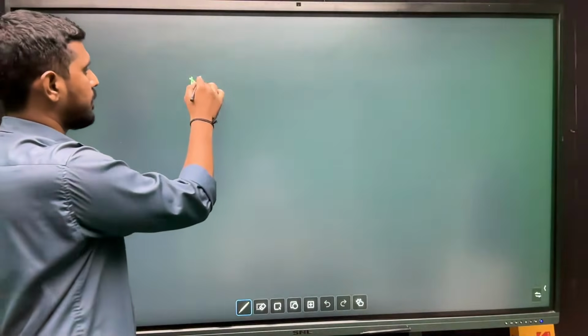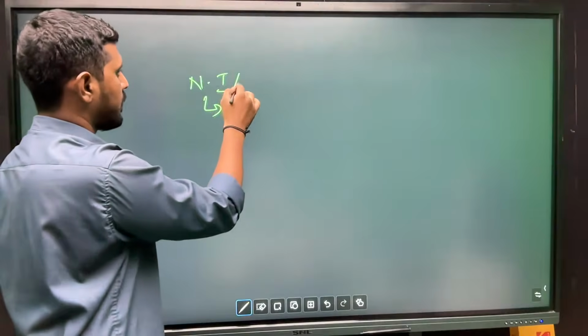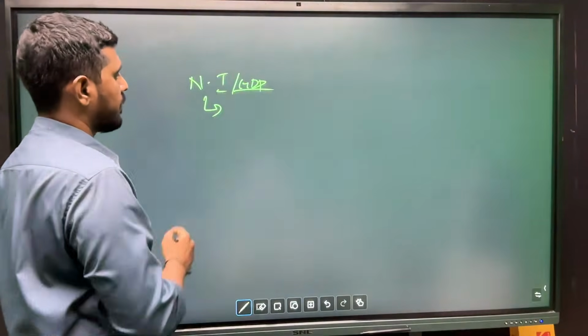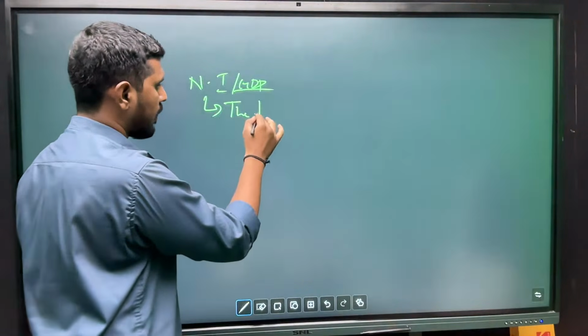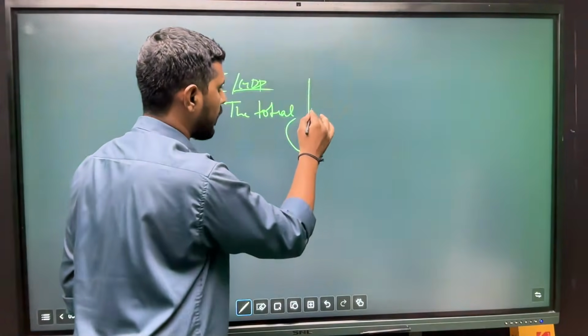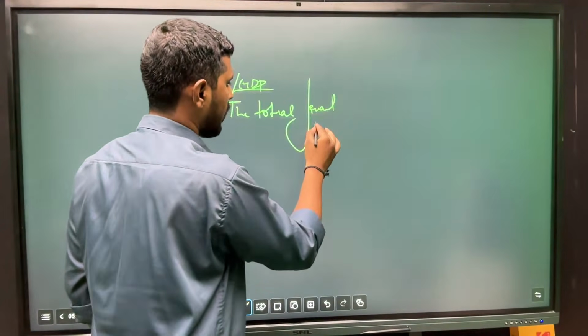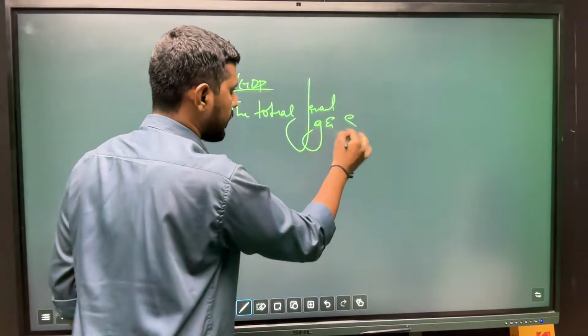What is national income? We calculate GDP first. Write down this: total final goods and services.